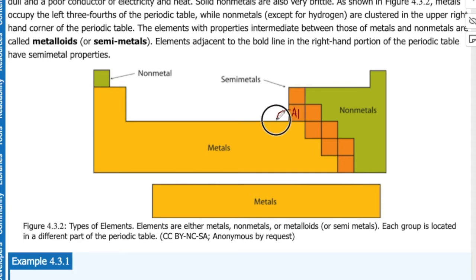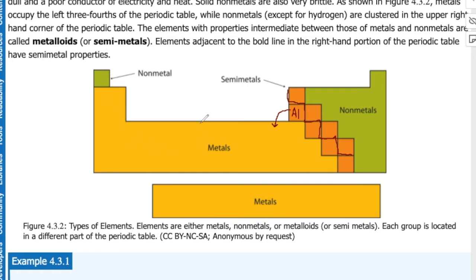Aluminum should be a full metal, not a semimetal. Along the staircase, generally we have the metalloids, but aluminum itself is not a metalloid, even though it's along the staircase that goes down the periodic table.